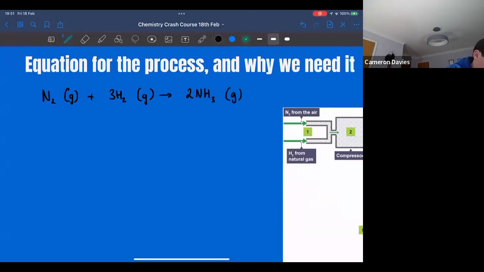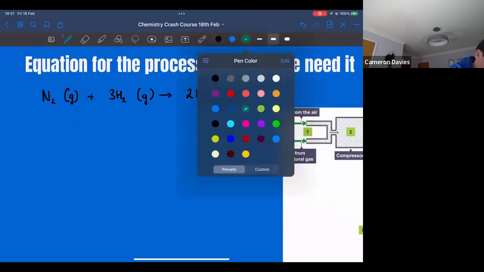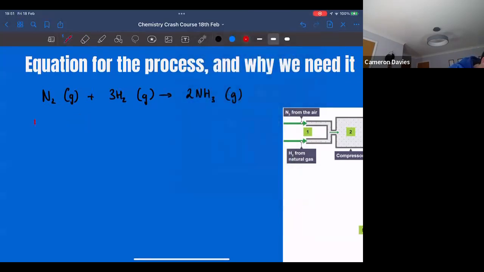So to write that in words for you, just in case, oh, that color doesn't come out very well, does it? Let me take a... So this is nitrogen, this is hydrogen, and this is ammonia.